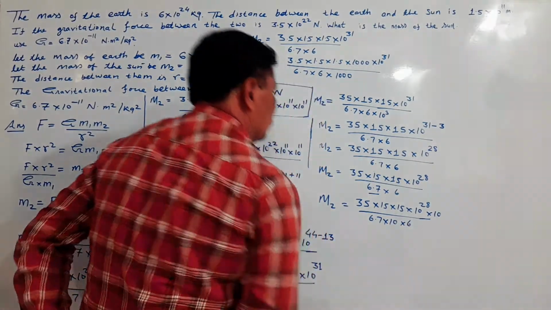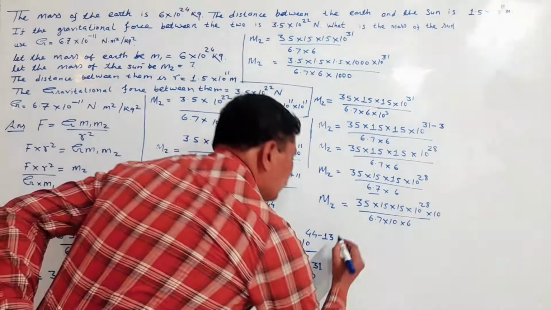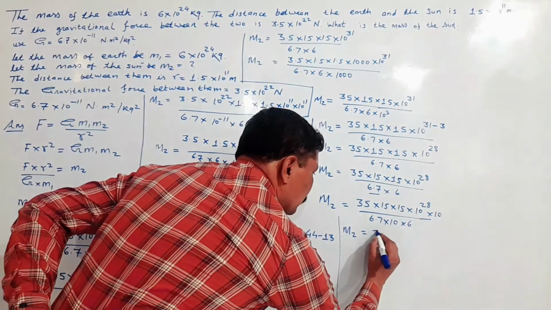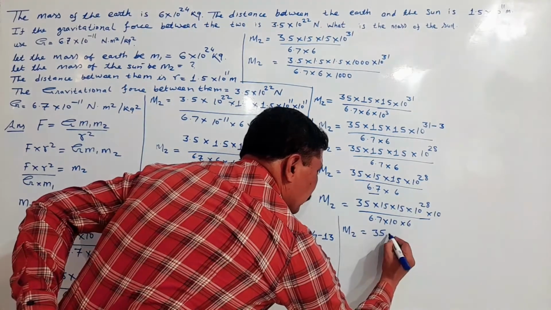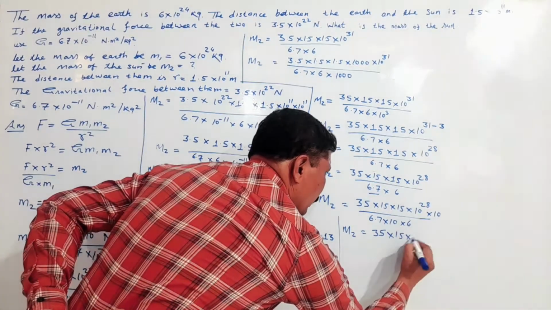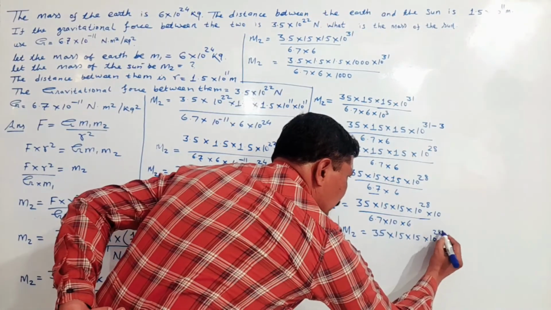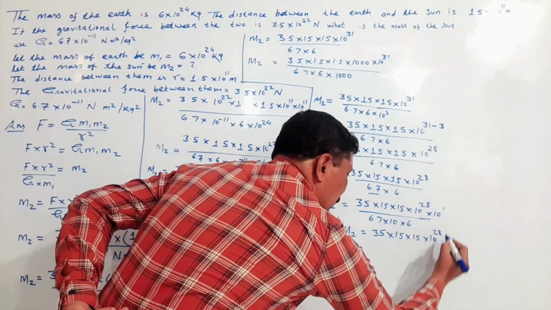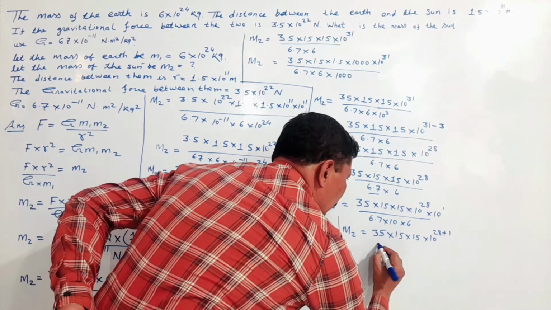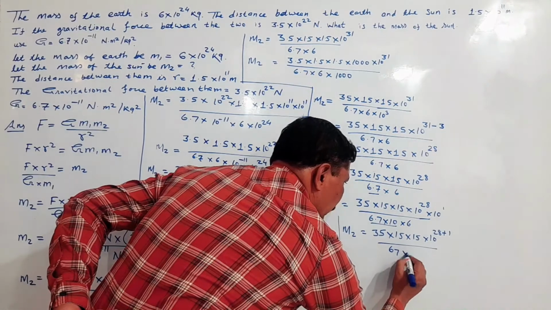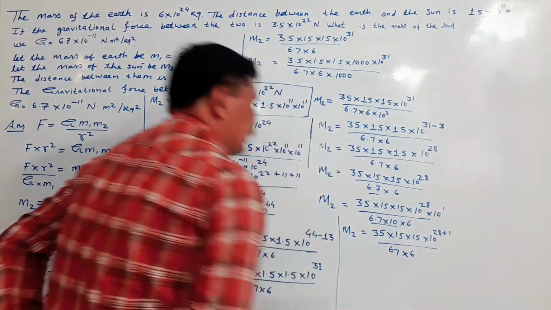So my dear student, here M2 is equal to 35 into 15 into 15 into 10 to the power 28 plus 1 upon, this point will be removed, 67 into 6.